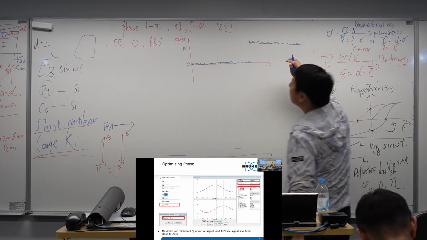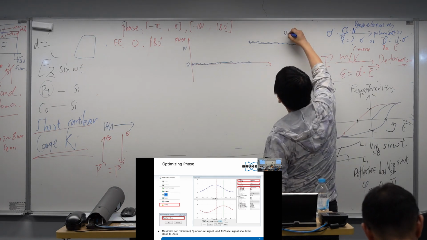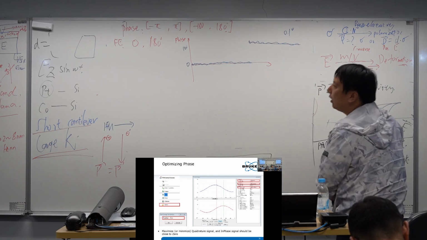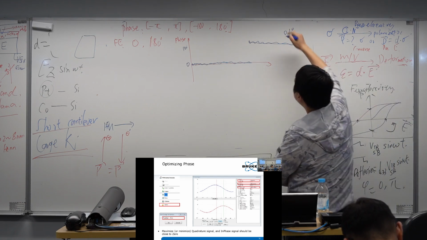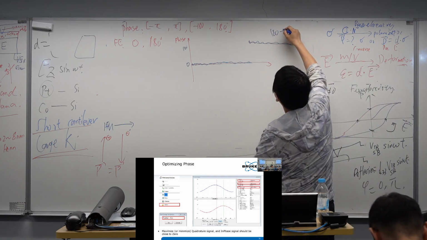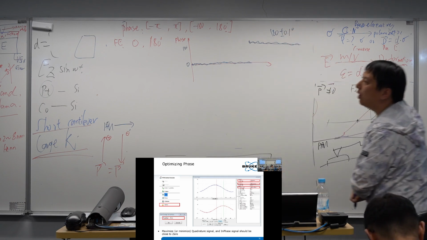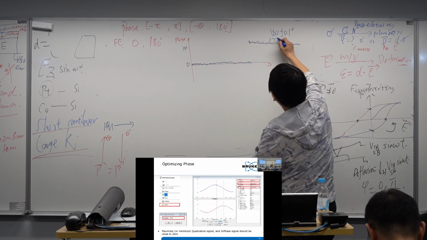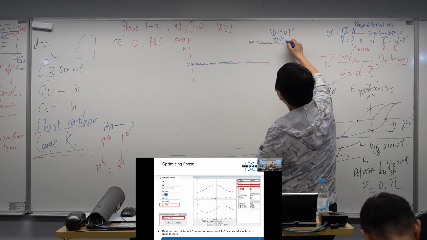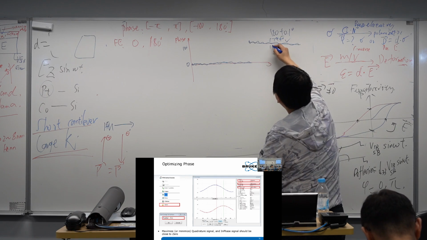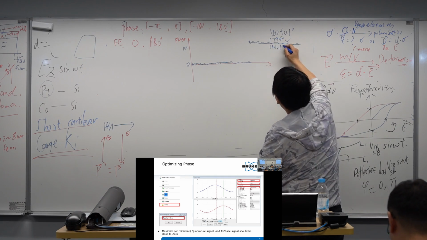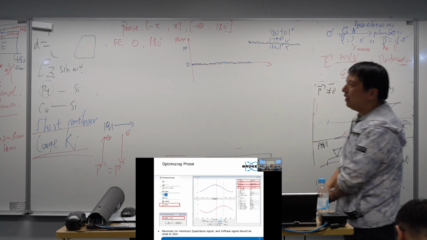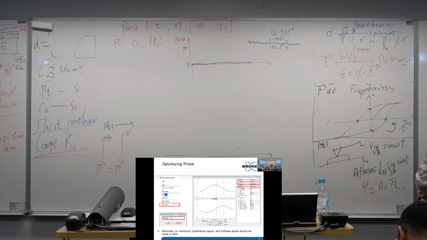Let's consider our noise is 0.1 degree. So the 180 should be 180 plus or minus 0.1 degree. 179.9 degrees is good, but 180.1 degrees does not exist in this instrument, right?